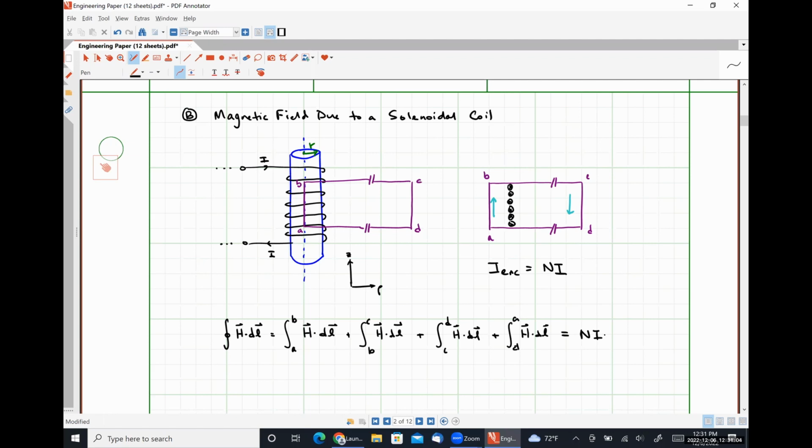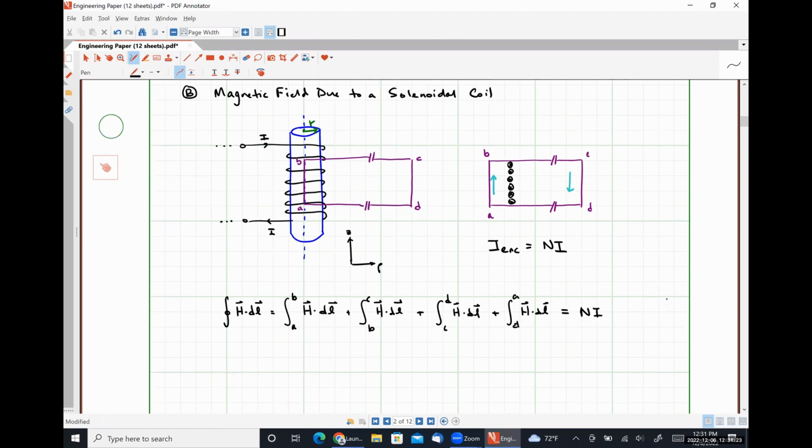Well, I chose a contour here specifically so that our magnetic field would always be either exactly in parallel with our contour or exactly perpendicular with our contour, so that we're always just going to get H times the length or 0. All right. So let's talk about the path from A to B.